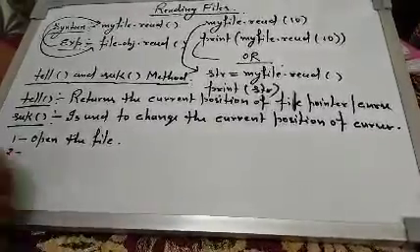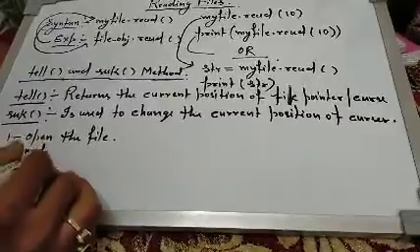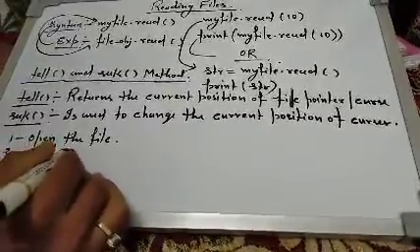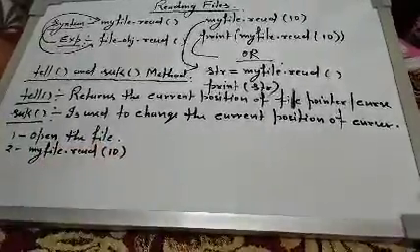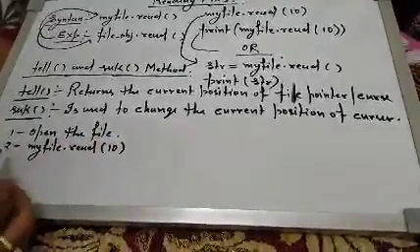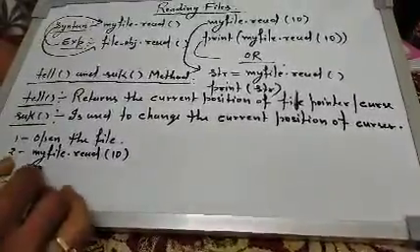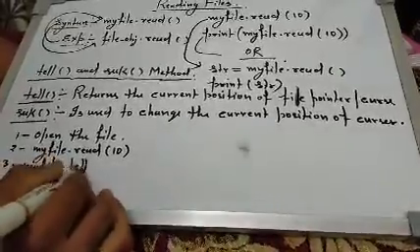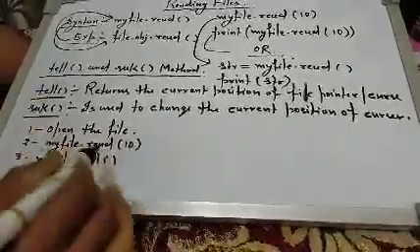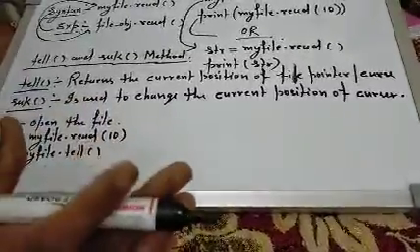Secondly, my file dot read, suppose 10 characters. Now if we write my file dot tell, the tell function will return the current position of that cursor.